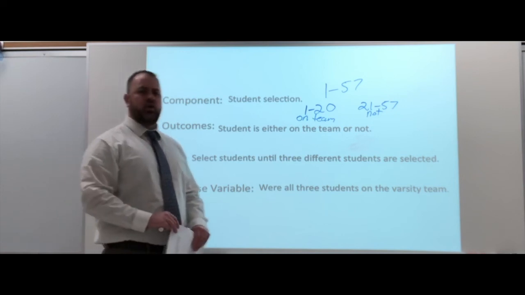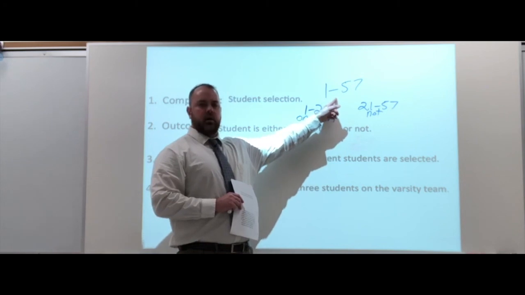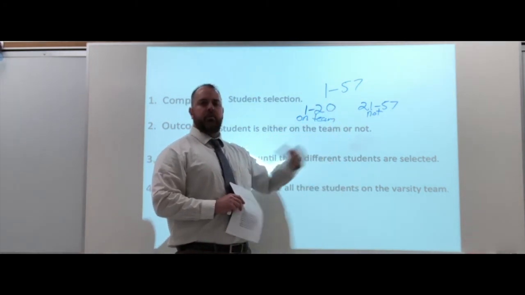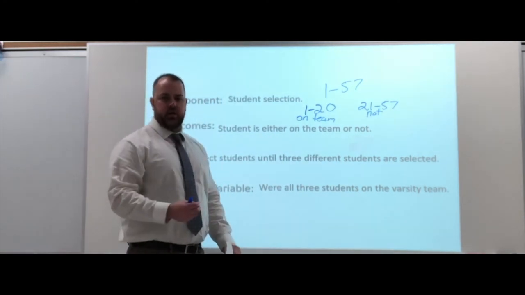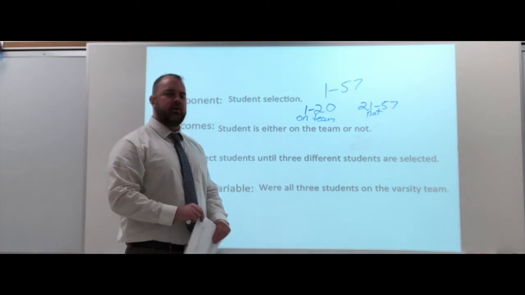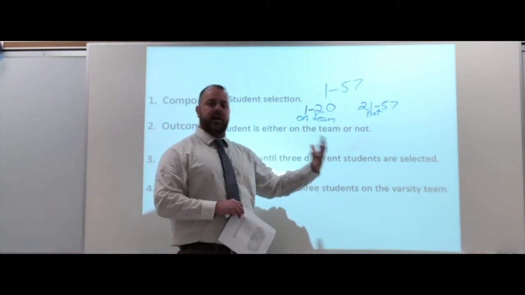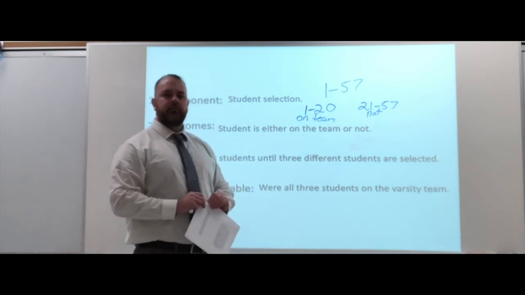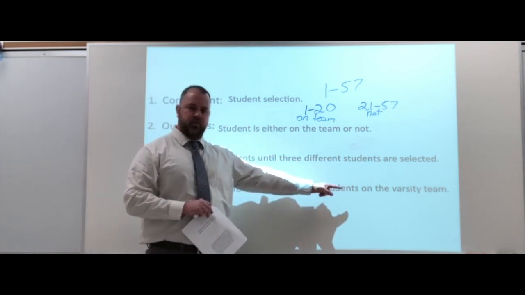In this case, you don't really have to worry about percentages, figuring it out, because we have objects here. These observational units are 57 people. That parameter of 80, that represented a percentage. 80% shooting, that represented a percentage. These values are actually representing people that can't get picked once or can't get picked twice to be in this dorm room. Now in this case, were all 3 students on the varsity sports team?